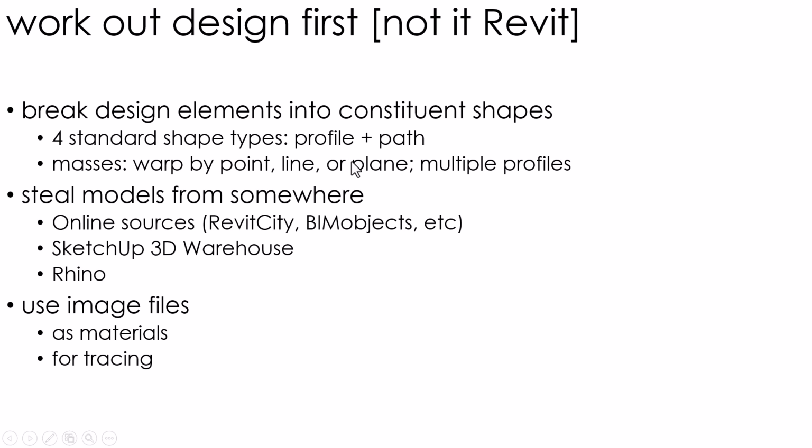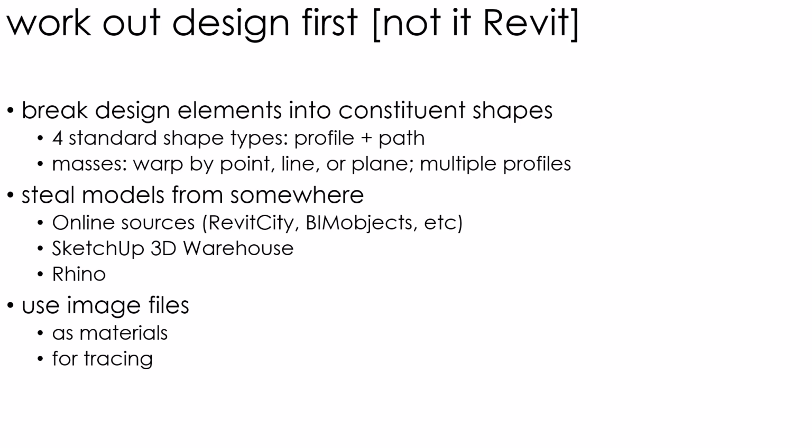So the big thing is working out your design in Revit first. You need to break apart whatever you're trying to draw into its constituent shapes. Now, I'm going to start with some furniture elements because that allows me to talk about some simple shapes first. And the biggest thing is there are basically 4 standard shapes in Revit that you can build.